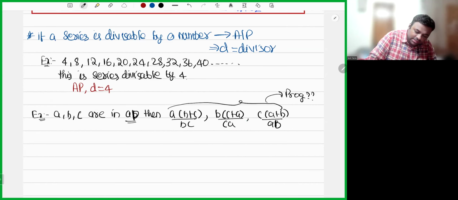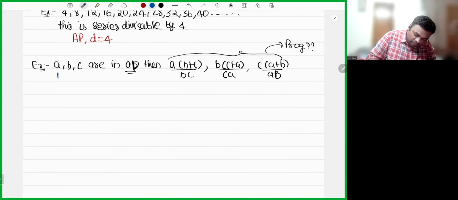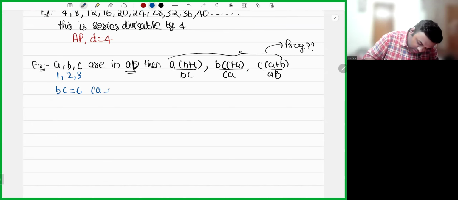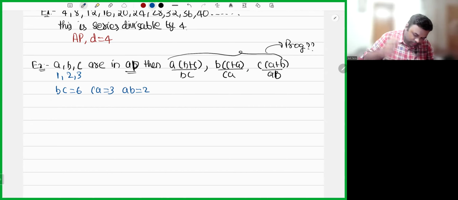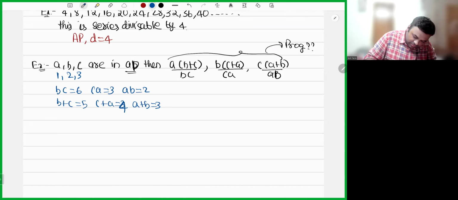Like that, questions he'll ask. Let's see, if A, B, C are in AP, what will you substitute? 1, 2, 3 instead of A, B, and C. What is BC? 3 into 2, 6. CA, 3 into 1, 3. AB, 1 into 2, 2. B plus C is 5, C plus A is 4, A plus B is 3.